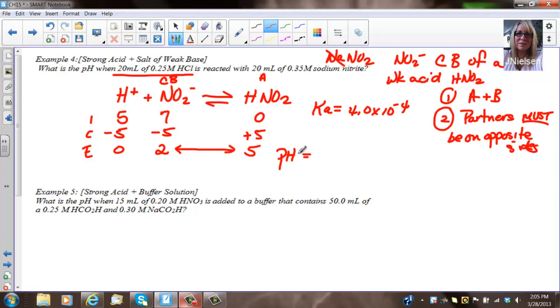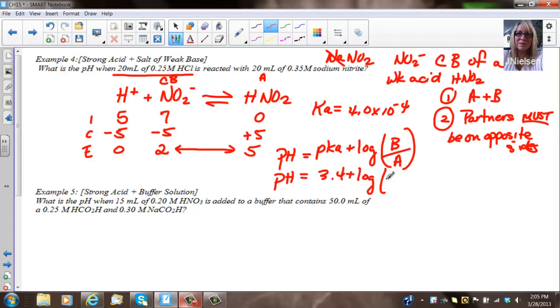So pH is equal to the pKa plus the log of the base over the acid. The negative log of 4 times 10 to the minus 4 is going to be 3.4, plus the log of my base over acid, which is 2 over 5. And that's going to give me a pH equal to 3.00.